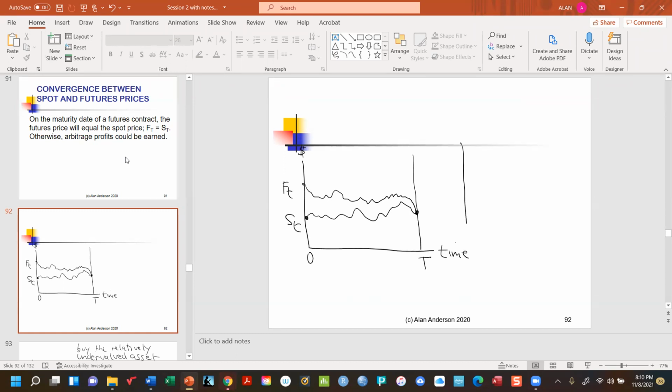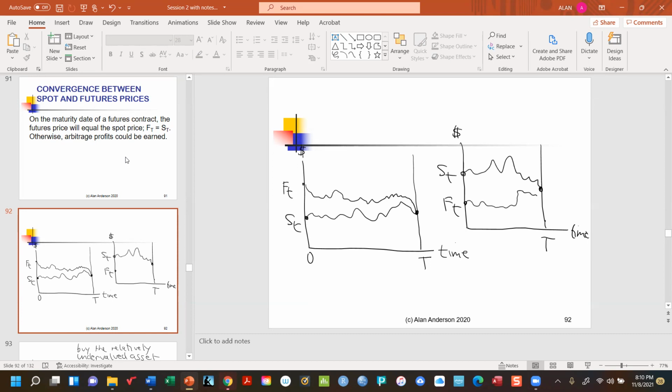If we had the opposite scenario, and up here it was the spot price and here's the futures price. No matter what happens to the futures price, eventually it has to reach this point and they have to be the same on that maturity date. And again, if not, there's going to be an arbitrage opportunity. And so we're going to see how that would work.